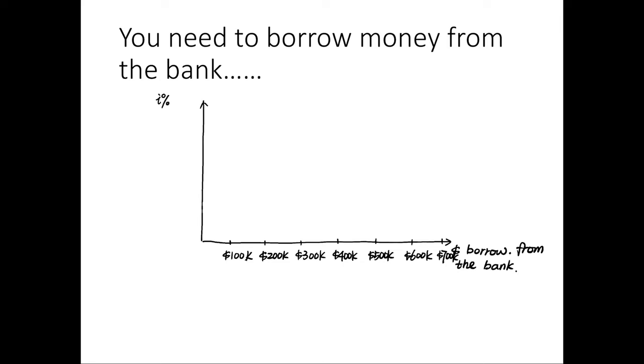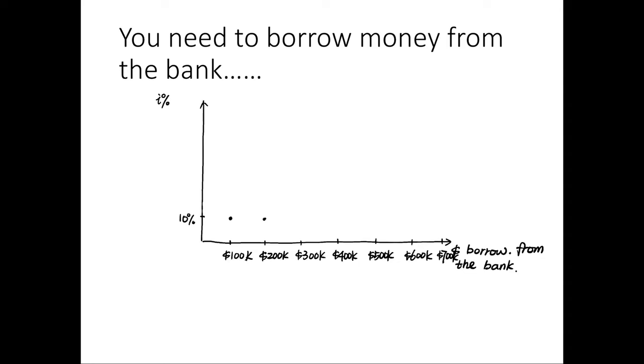Okay, and so the bank said, if I lend you 100K, the interest rate is 10%. So that's your point. And then the bank said, if you want to borrow less than 200K, still it's gonna be 10%.